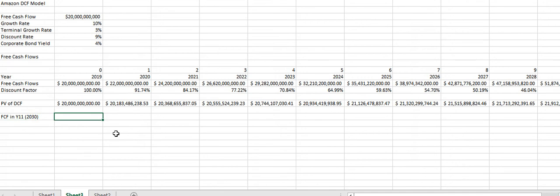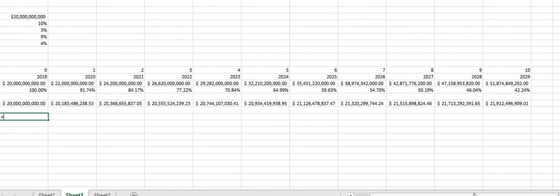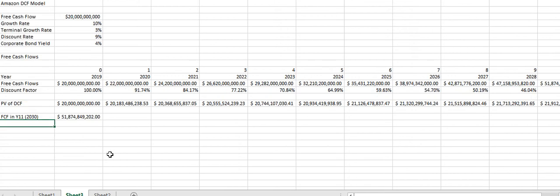How we're going to get that is we're going to take the nominal cash flows of 2029, which is projected to be, if Amazon can keep growing their free cash flows at 10%, about $51 billion. And then we need to multiply that times 1 plus the long-term growth rate. So in this case, we're going to say the terminal growth rate is 3%.